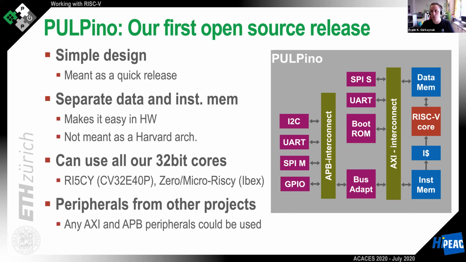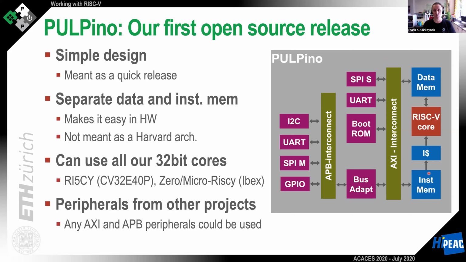We didn't have the time to think about it more. So we have a separate data memory and a separate instruction memory attached in the chip. Why? Because it was the fastest way to do it.